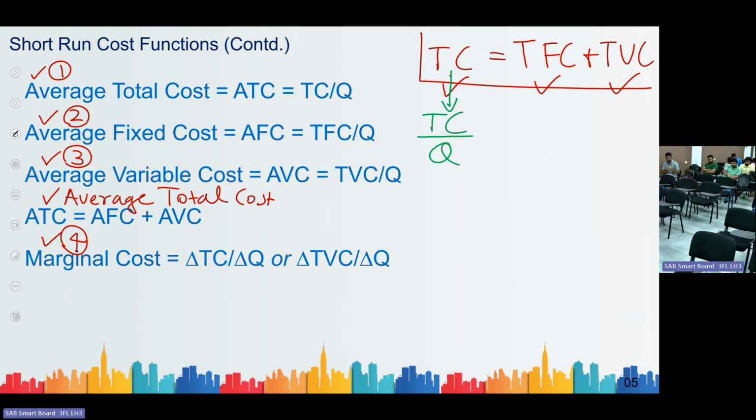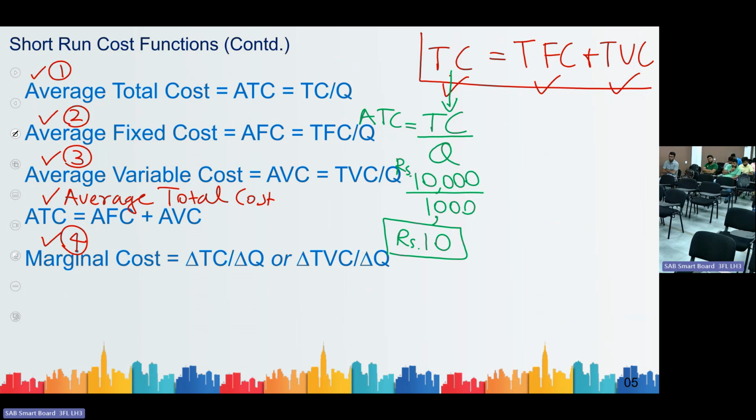If the total cost is 10,000 rupees and the firm produces 1,000 units of output, what is the cost per unit? 10,000 divided by 1,000 is 10 rupees.